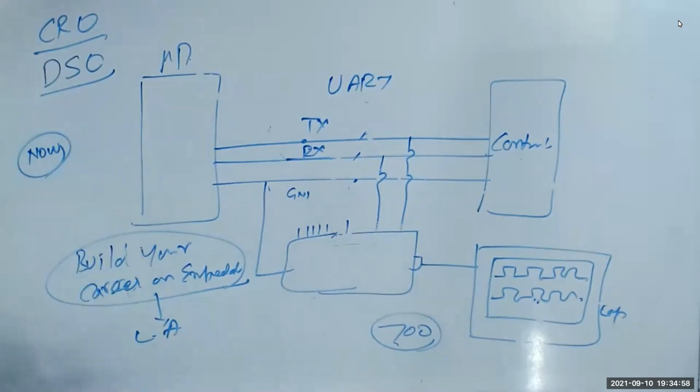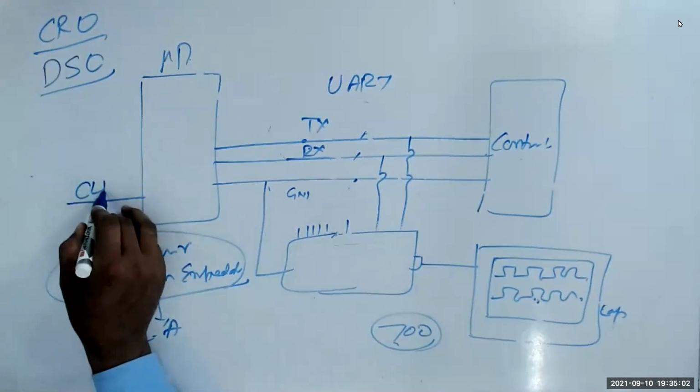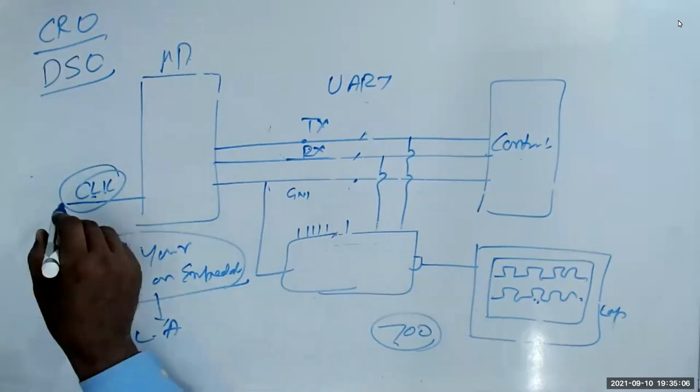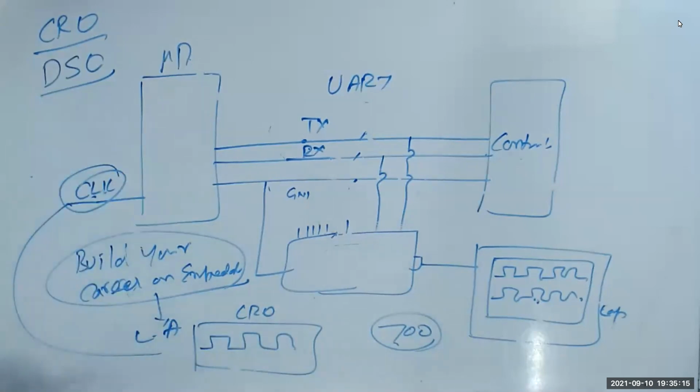For example, I have a clock for the microprocessor. If I give that clock to the CRO, it will keep coming on the screen repetitively, because it is coming continuously. So what is coming now is captured on the CRO.